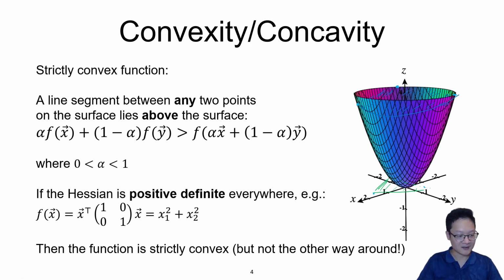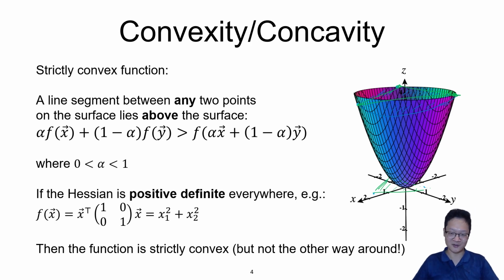But the convex combination of the 3 points themselves will actually be a plane that is formed by this triangle. So this plane, as you can see, is kind of sitting on top of the bowl, whereas the bowl's surface is below this plane.